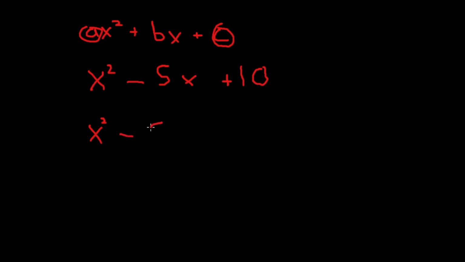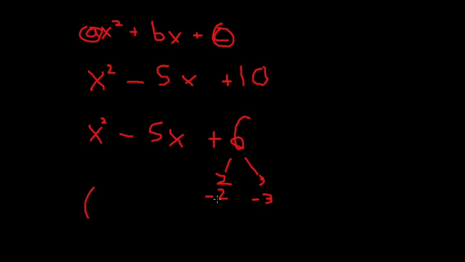So, for example, instead of x squared minus 5x plus 10, it could be plus 6, because we know factors of 6 are 2 and 3, and also -2 and -3, because you can multiply two negatives by each other and get a positive.